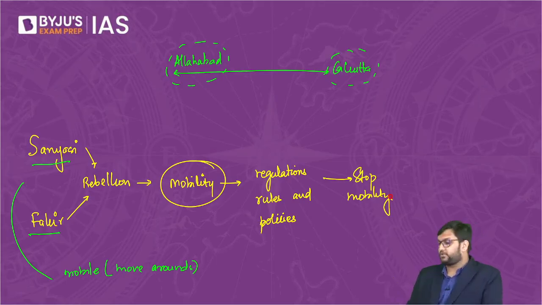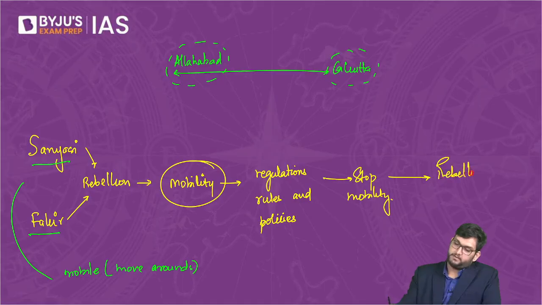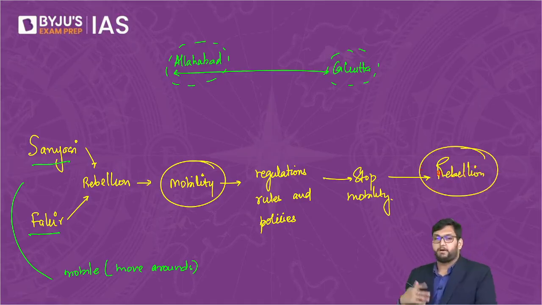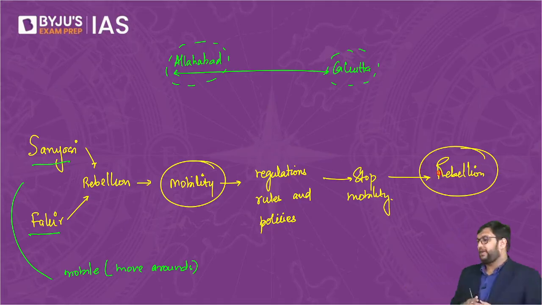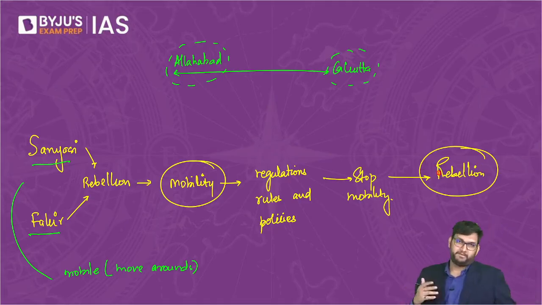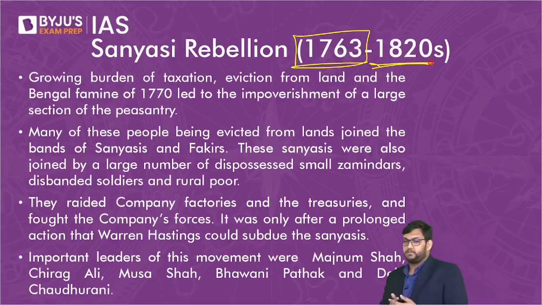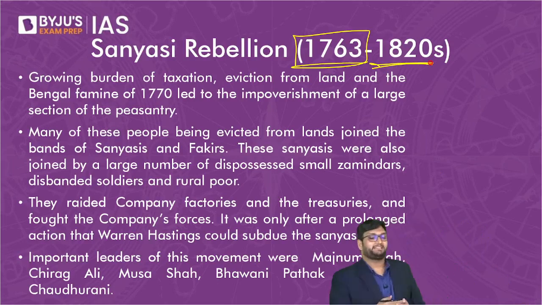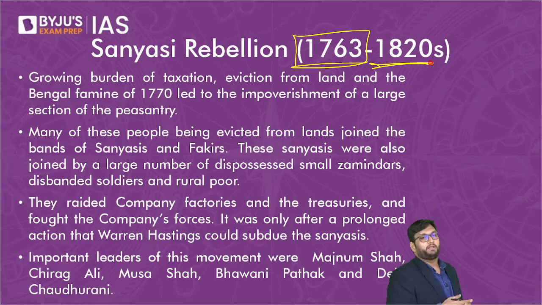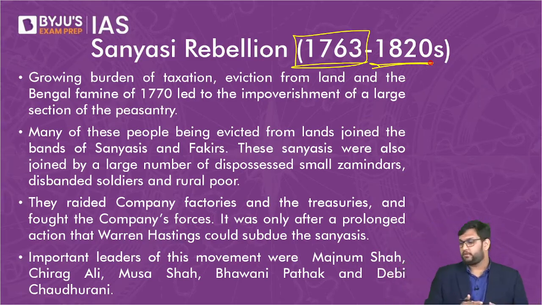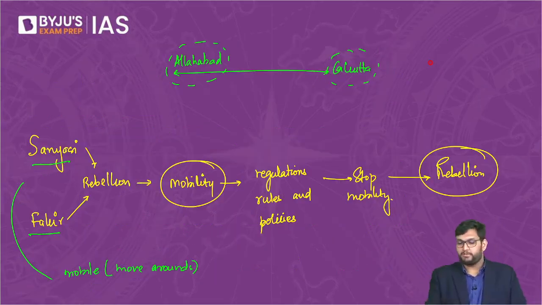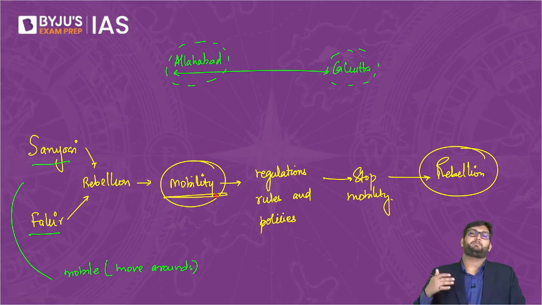That you need to register yourself as a sannyasi or as a fakir. When they do that, there will be rebellion. They will rebel, they will burn, they will destroy, and for at least 40-45 years, close to 60 years, the sannyasis from time to time will rebel against the British. So this concept is related to mobility and their moving around.